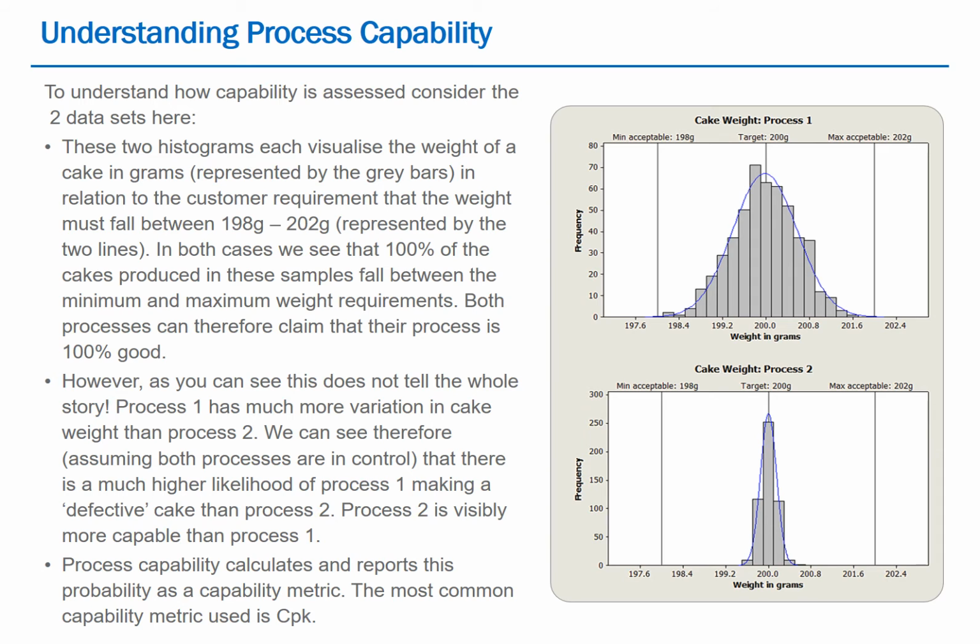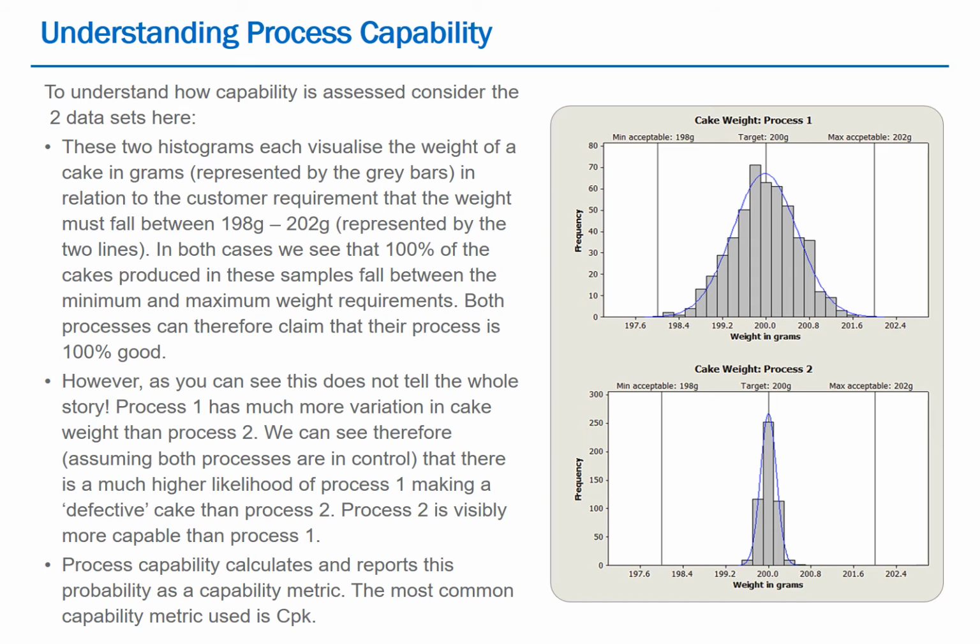In both cases, we see that 100% of the cakes produced in these samples fall between the minimum and the maximum weight requirements. But both processes can claim, using percentage count, that their process capability is 100% good. However, as you see, this does not tell the whole story. Process 1 has much more variation in cake weight than process 2.